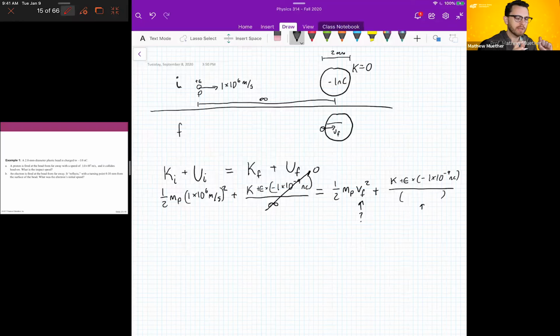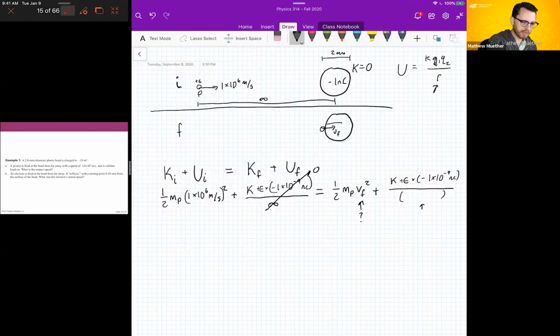Remember that the electric field outside of a charged sphere looks like the electric field coming from a point charge that's sitting right at the center of that charge. And that R in the potential, right? So that R is the separation between, in this U equals K Q1 Q2 over R.